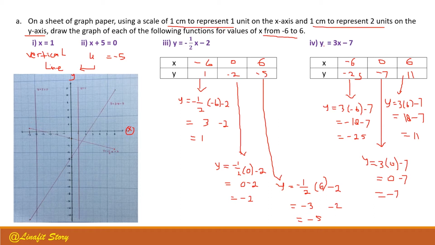And then the last function, y is 3x minus 7 is here. So this is negative 6, negative 25 is here. And then 0, negative 7 is here. Then 6, 11.